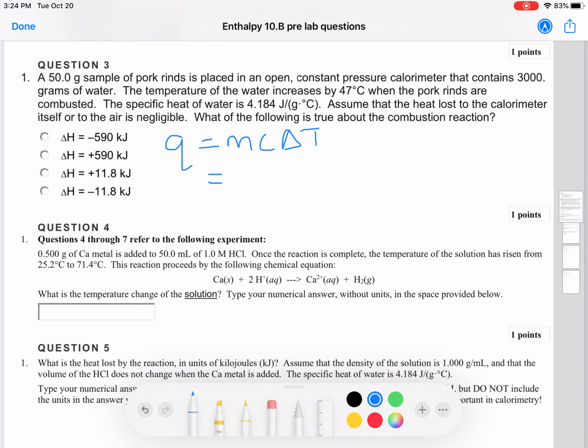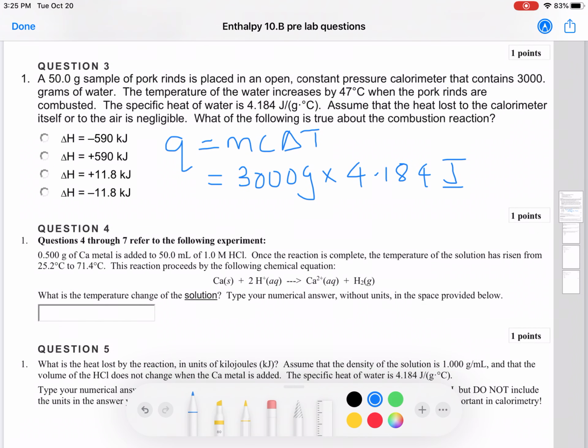Okay, so the mass of the water is going to be 3000, and the specific heat capacity is the C, which is 4.184 joules per gram per degree Celsius. We got that from the specific heat of the water.